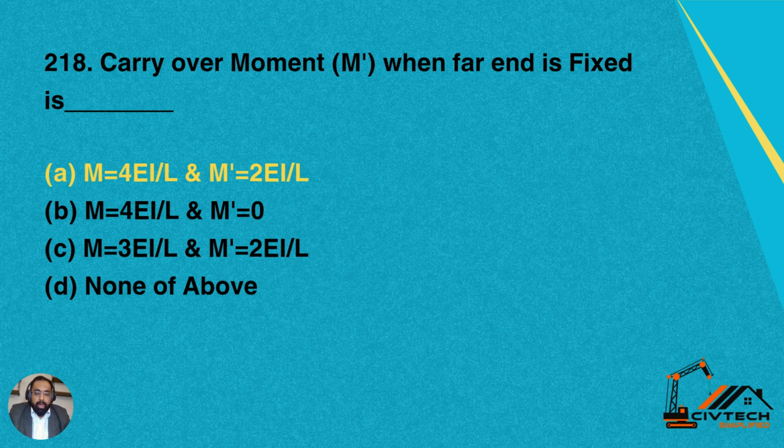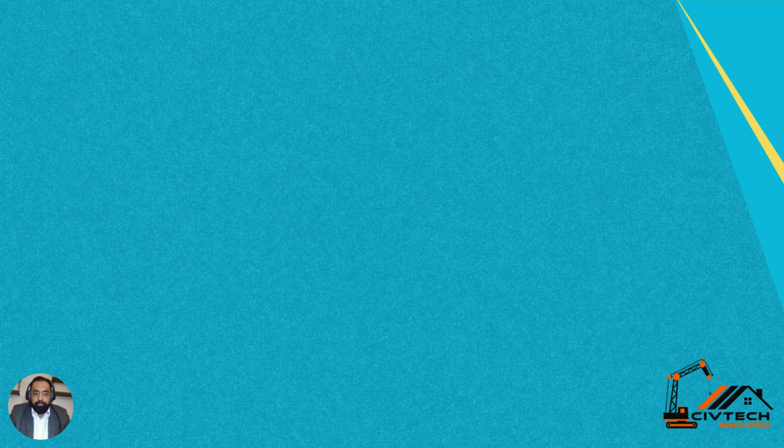Option B, M is equal to 4EI over L and M dash is equal to 0. Option C, M is equal to 3EI over L and M dash is equal to 2EI over L, and option D was none of the above. So A is the correct answer, which is M is equal to 4EI over L and M dash is equal to 2EI over L.